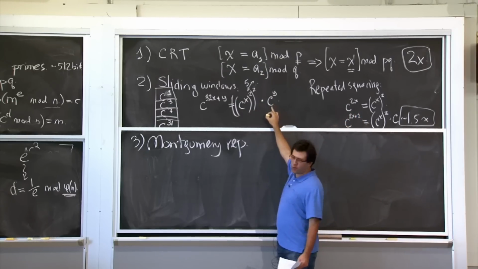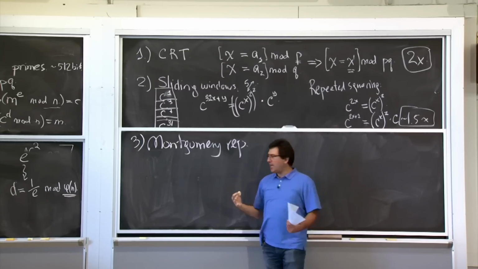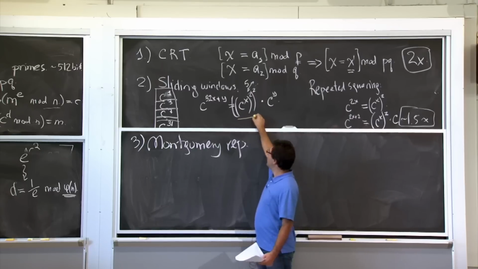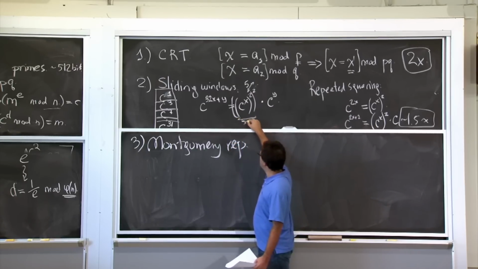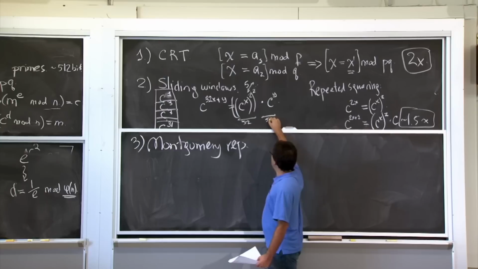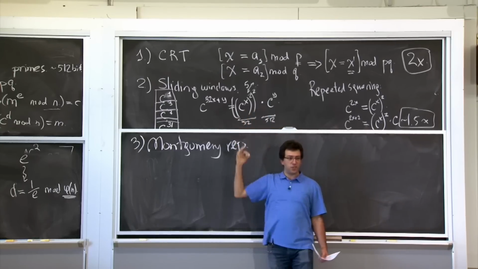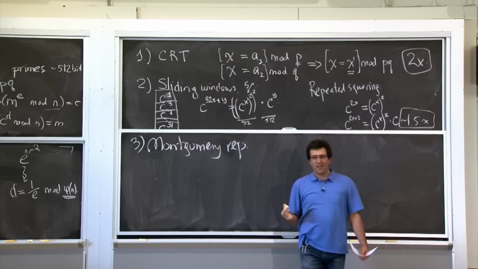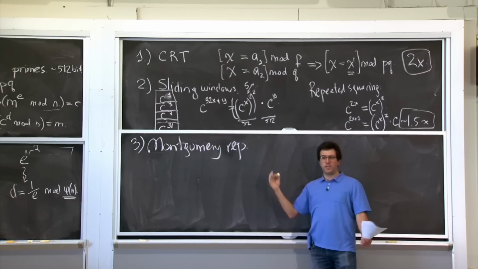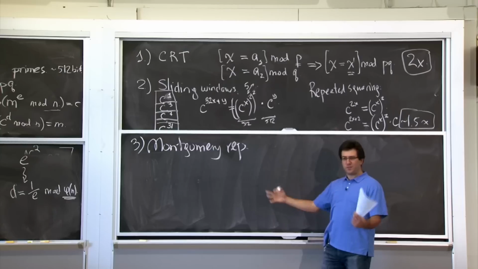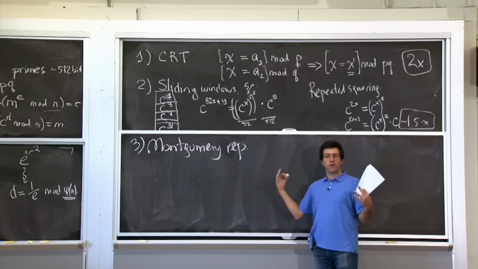When you multiply by c to the y, you multiply two numbers together. If the inputs to the multiplication were, let's say, 512 bits each, then the result of the multiplication is going to be 1,000 bits. Then you multiply that 1,000-bit result again by something like 512 bits. Now it's 1,500 bits, 2,000 bits, 2,500 bits, and it keeps growing.